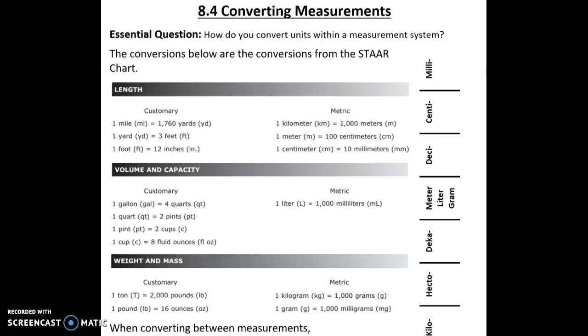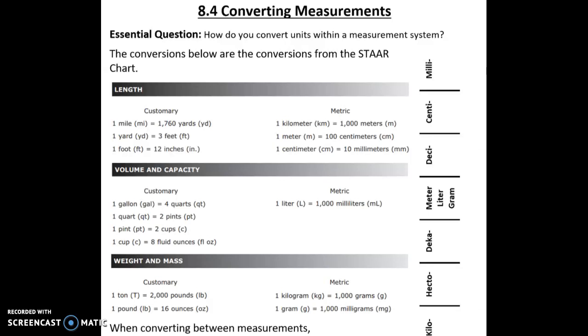Customary units are mostly used in the United States. We have miles, yards, feet, and inches with our length, gallons, quarts, pints, cups, and fluid ounces for volume and capacity. And for weight and mass we have tons, pounds, and ounces.